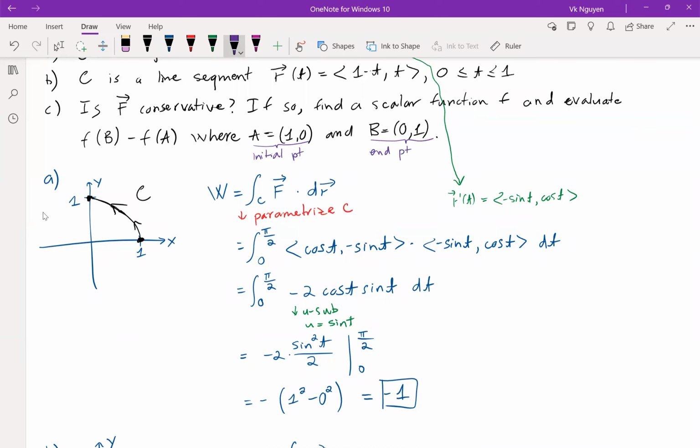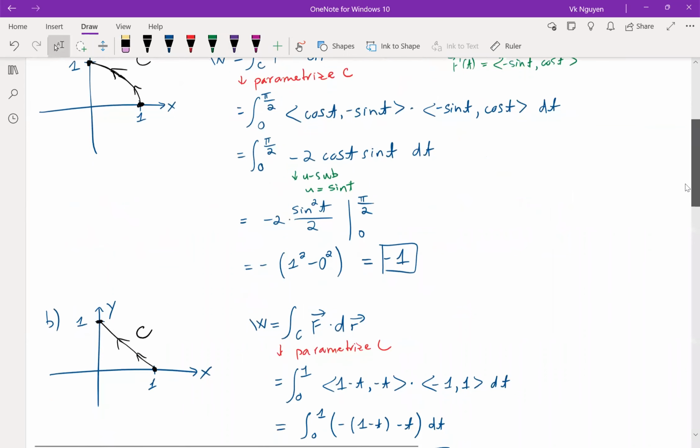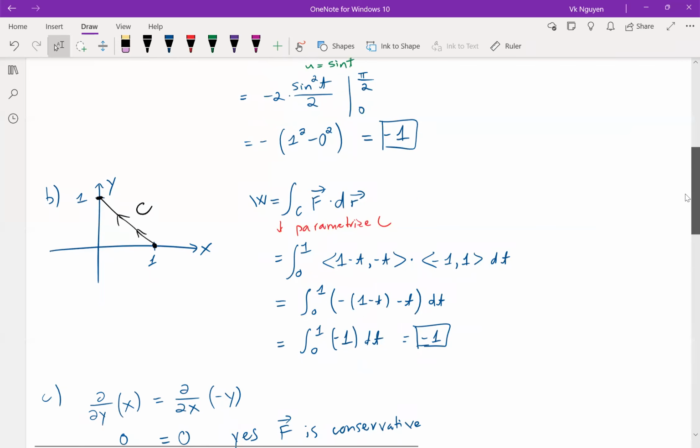So that's what we figured out, -1. And then we compute the work through a straight line instead of the curve C, and we get the same answer.